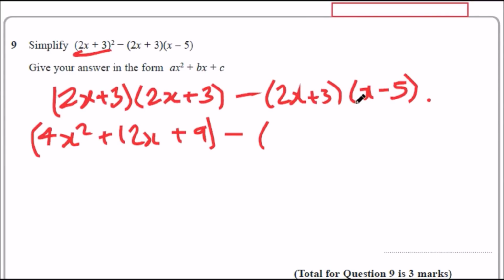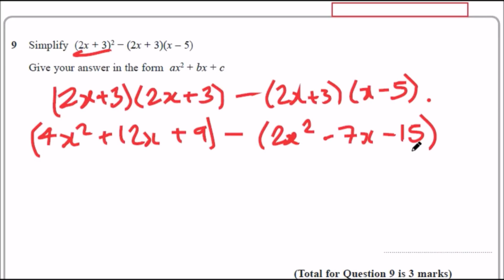So doing a FOIL on this one, 2x times x is 2x squared. 2x times minus 5 is minus 10x, and plus 3 times x is 3x. So we go minus 10x and 3x. Minus 10 plus 3 is minus 7x. 3 times negative 5 is minus 15.